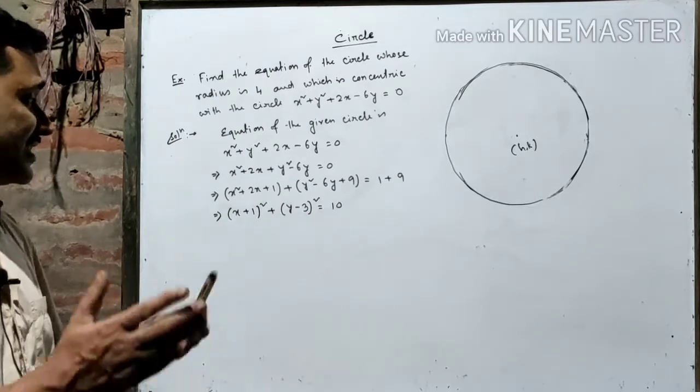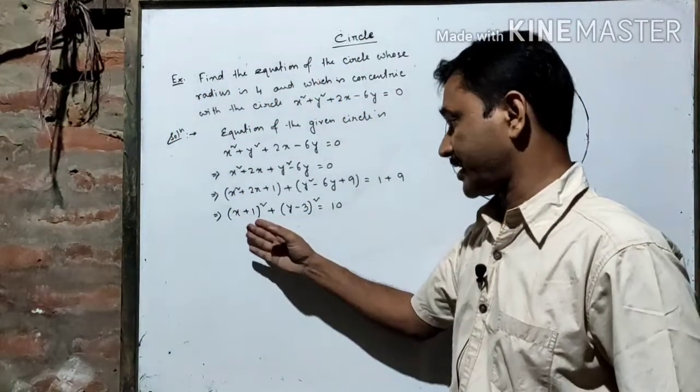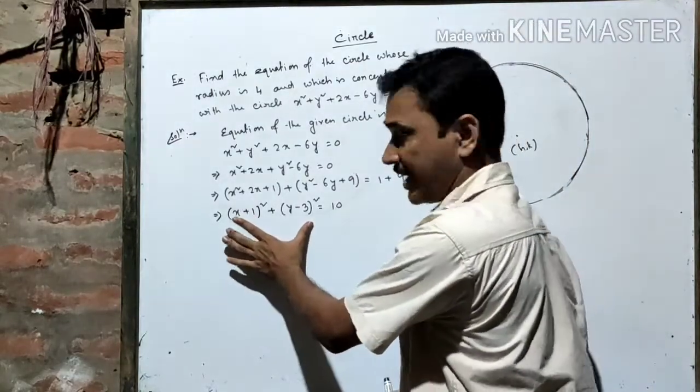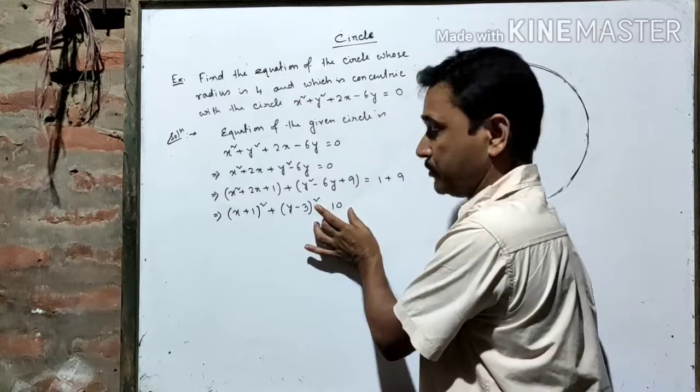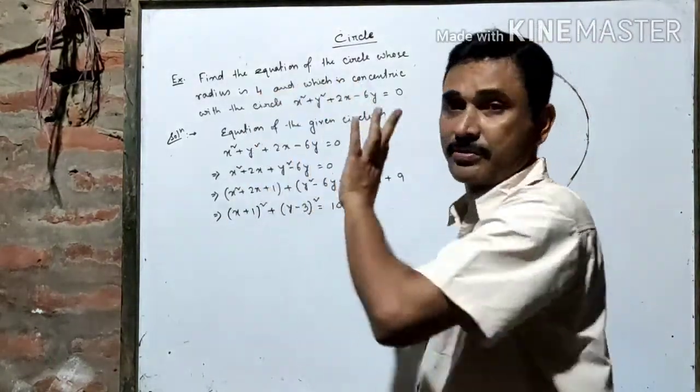As the required circle has the same center as this circle, this part will be the same, and just the radius part will change according to the radius of the circle.